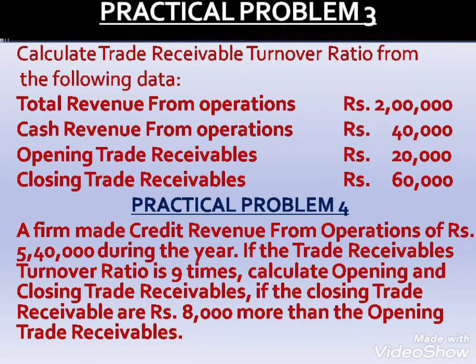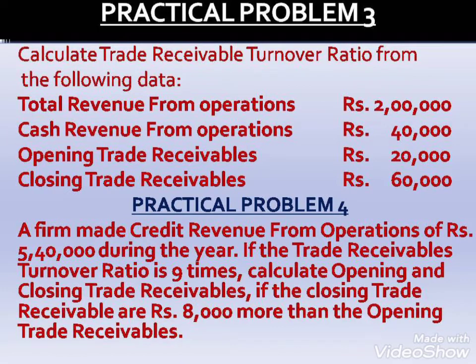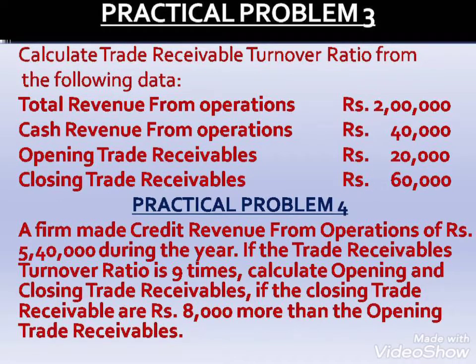Both debtors and bills receivable are converted into cash within a year, and as such they are shown as part of current assets. Since debtors and bills receivable come under current assets, the liquidity position of the firm to a great extent depends on the speed at which these items are converted into cash.